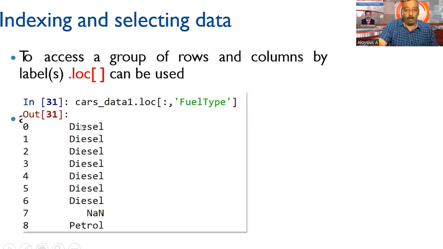So one column alone will be selected. If you want multiple columns, you can give comma-separated values for all the columns. It will display the selected columns alone. So you can select a group of rows and columns by indexing and selecting of data.